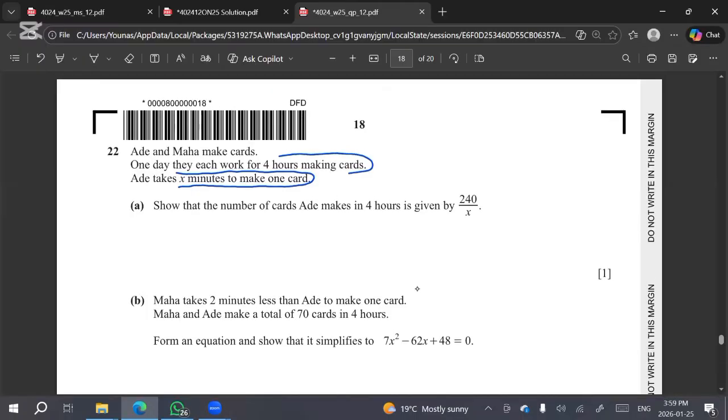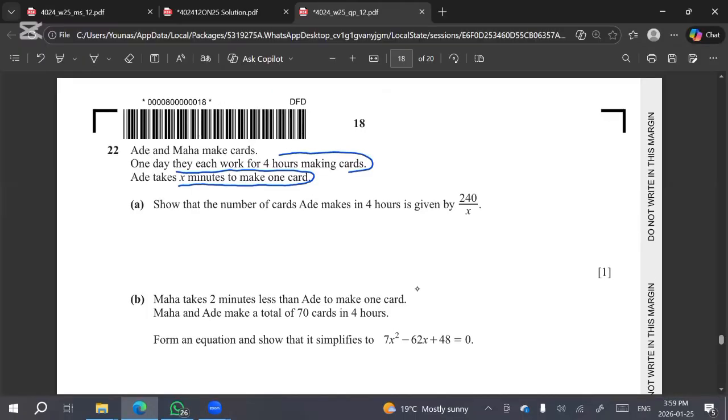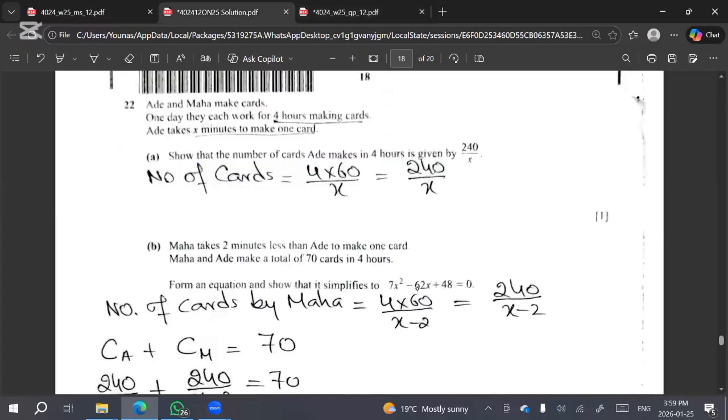So let me show you. So here we go. My dear students, we are talking about question number 22. Eddie and Maha make cards. One day they each work for 4 hours making cards, and Eddie takes X minutes to make one card, so the number of cards Eddie makes in 4 hours is given by 240 divided by X. You see, the rate is given in minutes to make one card, but the total time is given in hours.